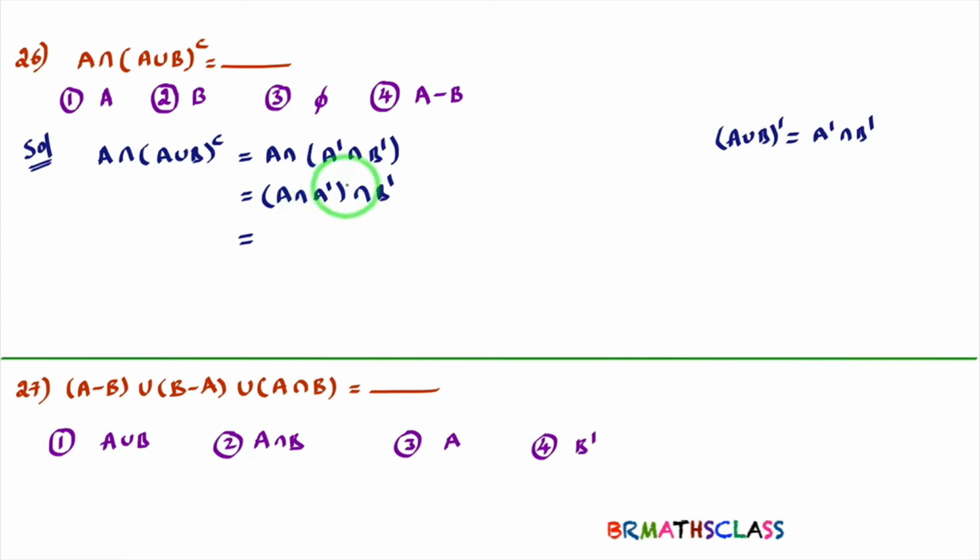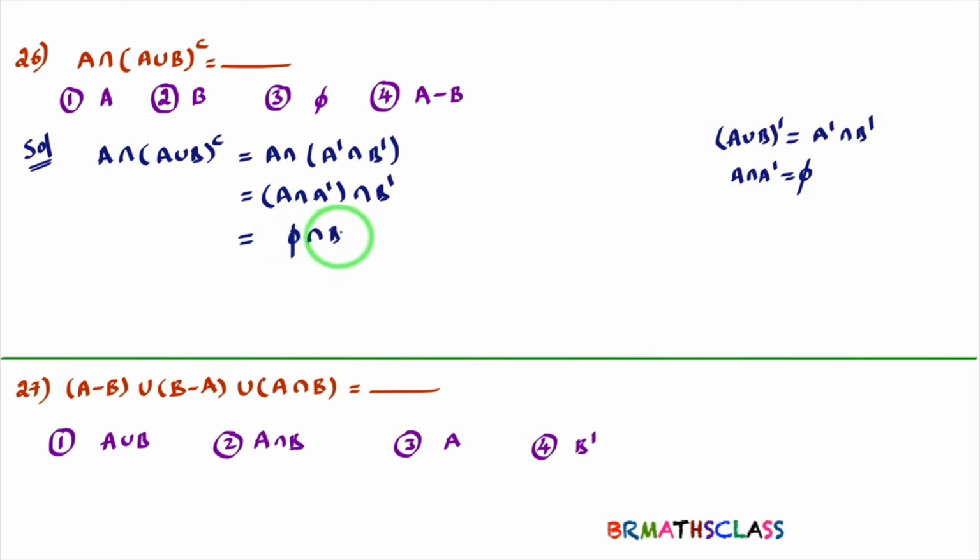A dash means not A: all the elements present in the universal set but not in A. What are the common elements in A and not A? Just think about it. There is no element common in A and A dash. And in synopsis we learned that A intersection A dash is the null set. So here A intersection A dash is the null set.